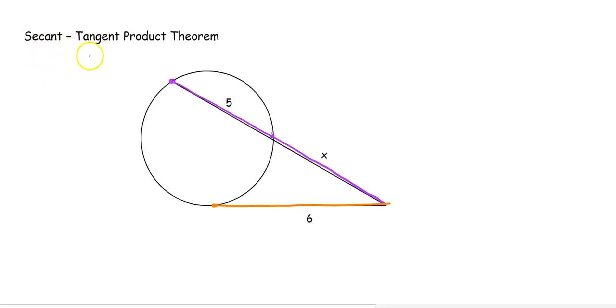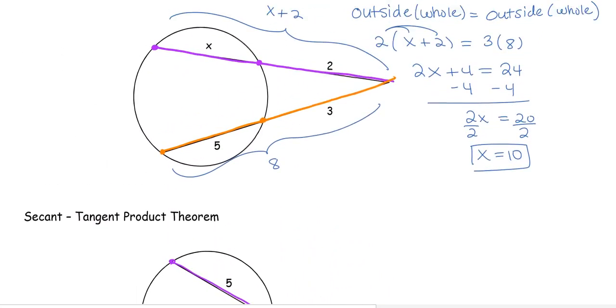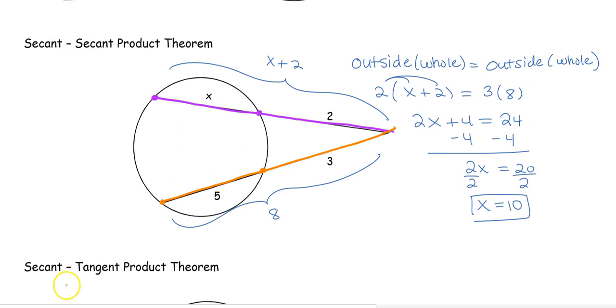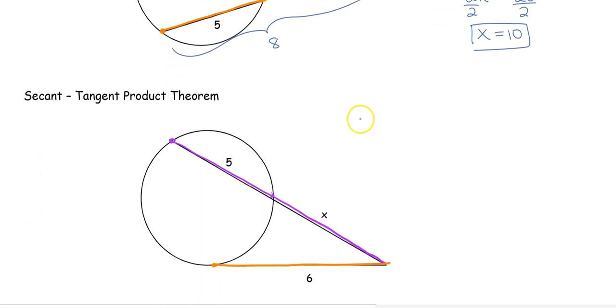So the secant-tangent, again, you have a secant line and tangent line, the secant is going to be treated the same way. Whether you have a secant-secant or a secant-tangent, the secant portion is always going to be outside times whole.